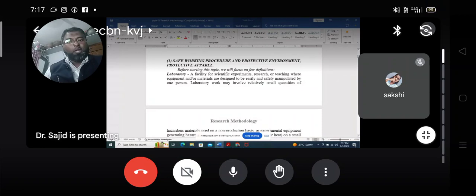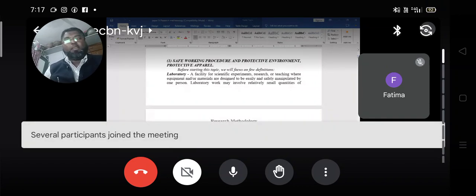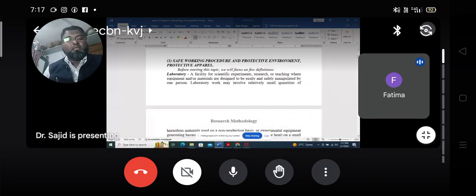What care you have to take while using concentrated acid? Yes, absolutely. Then other, only a mask is sufficient to work in the chemical laboratory. Okay, gloves. Okay, very nice.